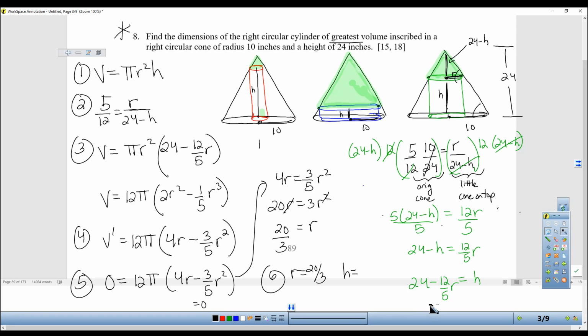I'm going to plug that right in here. So 24 minus 12/5 times 20 over 3 is going to be equal to the height. And that's going to come out to be 8. Step 7 are my units. And in this case, it's inches.